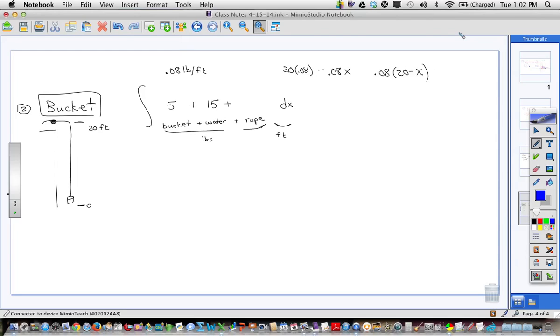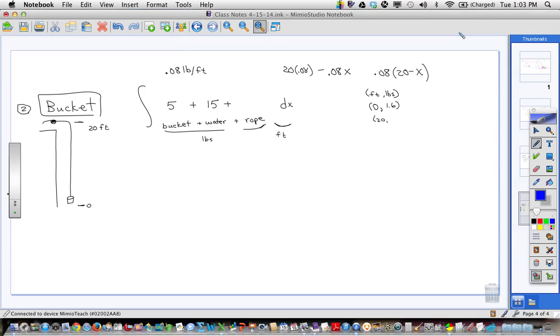Here's another way I like to think of these, is do it as an ordered pair. It's just a linear equation. Think of feet and pounds as your ordered pair. Now I'm going to tell you why, because we're going to get to the water here in a second. So 0 feet out, you've got 1.6 pounds of rope, right? That's 0.08 times 20. So with 0 feet of rope pulled up, you've got 1.6 pounds of rope.